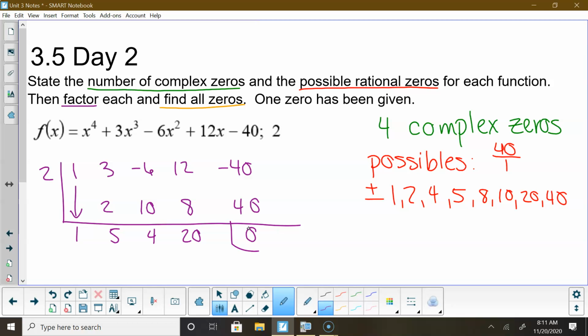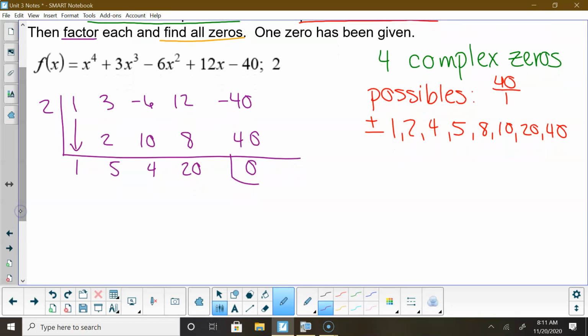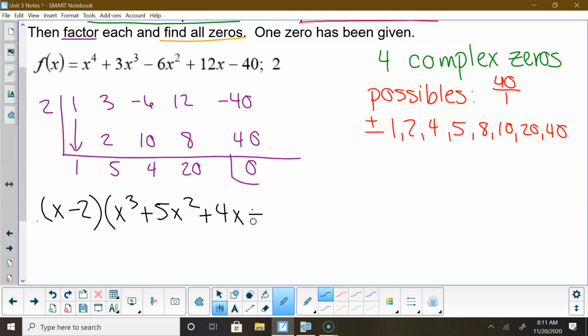So far, so good? All right, remember, we want it to have that 0. So now I've got x minus 2 times x cubed plus 5x squared plus 4x plus 20.